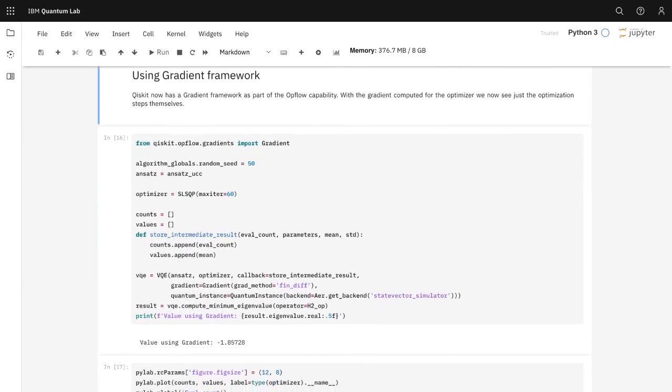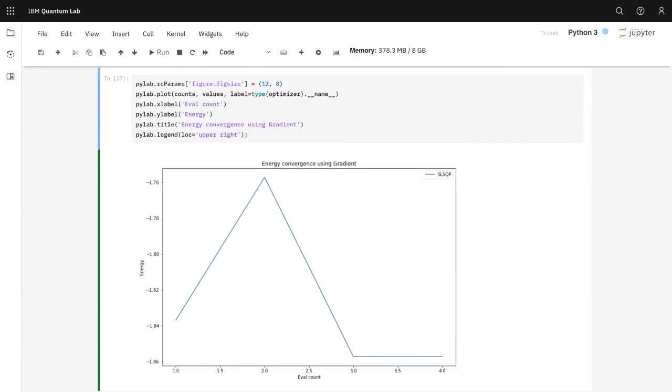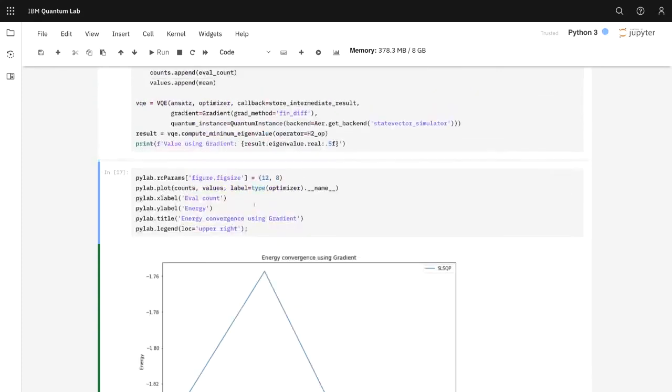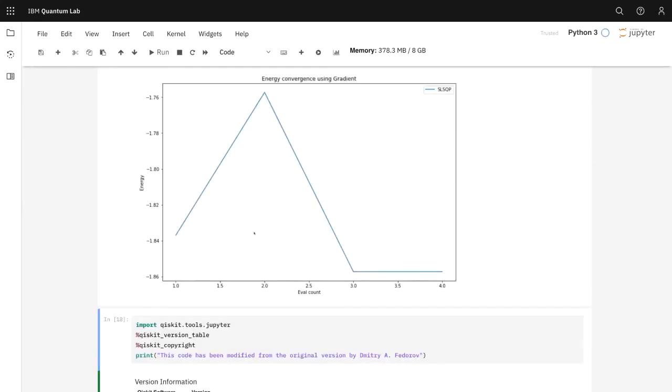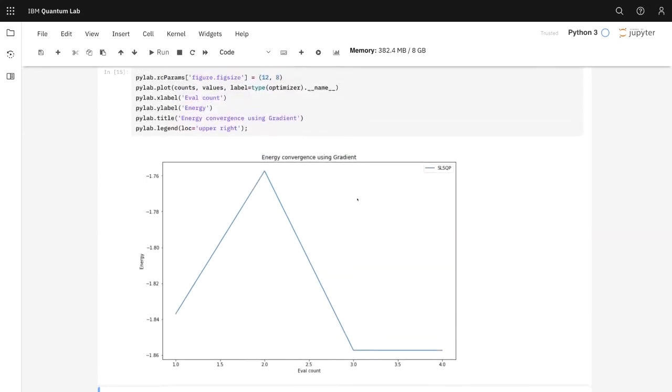So here, for computing the gradient using finite differences, you can pass this gradient object, and you can see that it's going to converge much faster. So here it only took four iterations to converge to essentially the same energy.